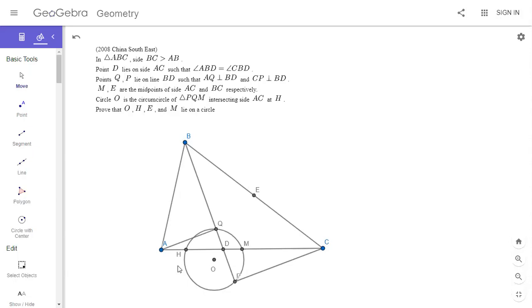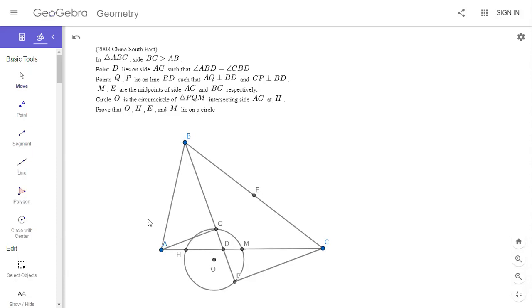Maybe power of a point. So we want to show DH times DA is DQ times DB. So, yeah, that would just be ratios. Can we show AD over BD is DP over DM? That would get us there too.